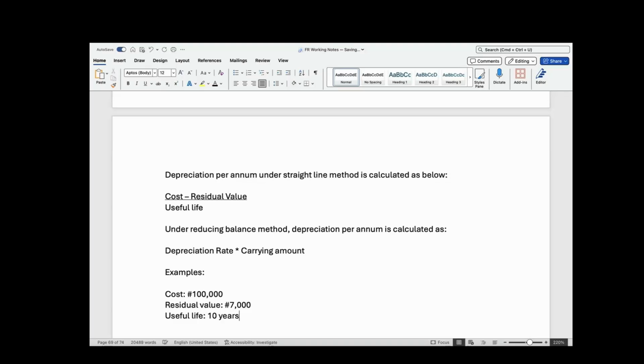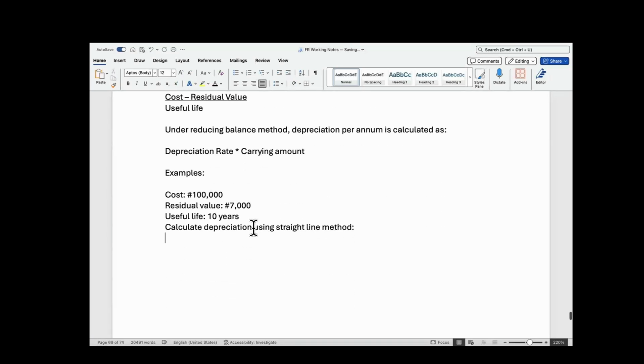So you are now asked to calculate depreciation using the straight line method. Okay. So let's say the depreciation per annum, using the straight line method, and determine the carrying amount of the asset. Let me put it that way.